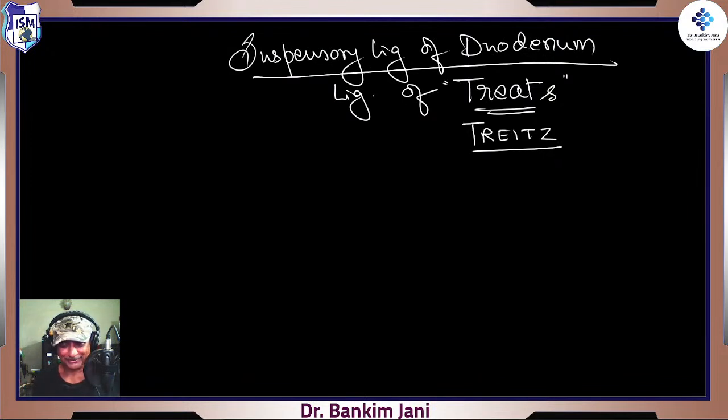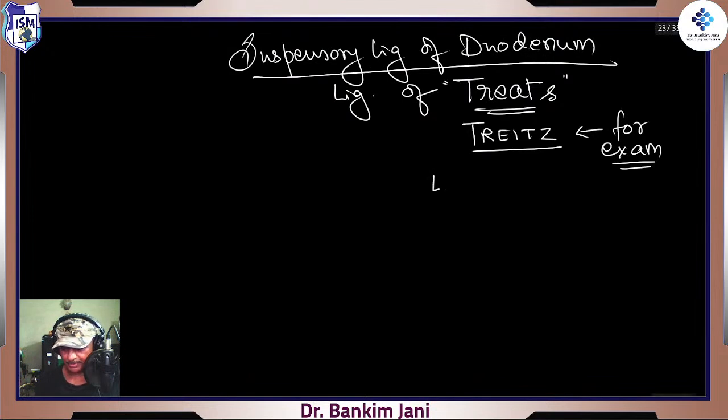Okay. So the suspensory ligament of duodenum, the ligament of Treitz, that's why this Treitz word came, right? But remember, for the exam, this is for the exam. For the exam, it is Treitz. This is that ligament which is actually suspending this last end.